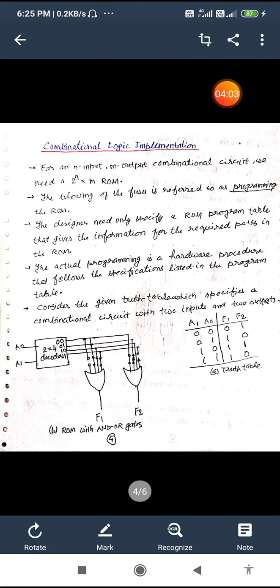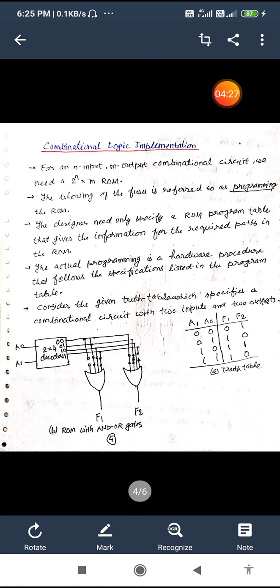For example, consider the given truth table, which specifies a combinational circuit with 2 inputs and 2 outputs. The output of F1 is 0111 and the output of F2 is 1010. We can implement this using 2 methods.